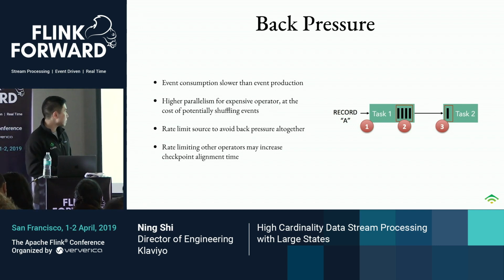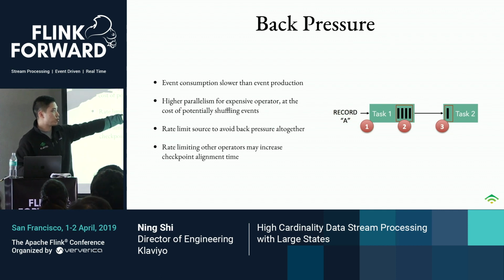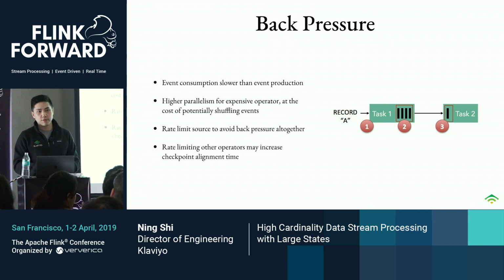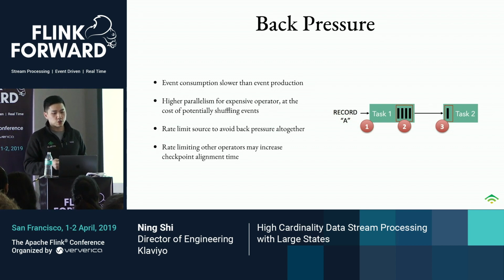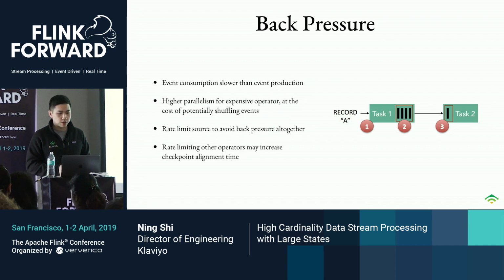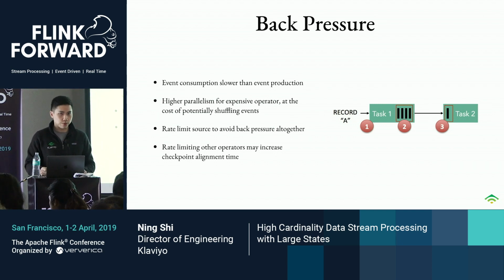production rate. Higher parallelism for expensive operators sometimes helps. For example, if it's computationally expensive to do task 2, you can have a little bit higher parallelism in that operator so that it leverages more CPU resources. But sometimes this approach doesn't work because you don't want to shuffle the events around due to partitioning or other reasons.